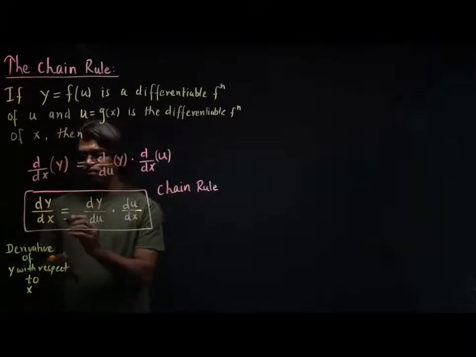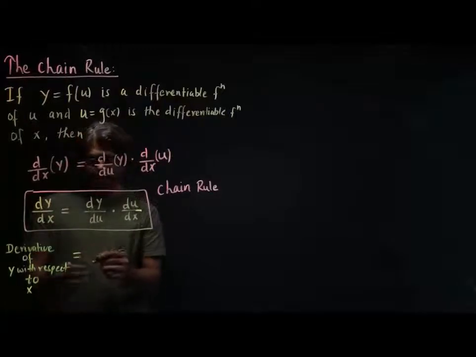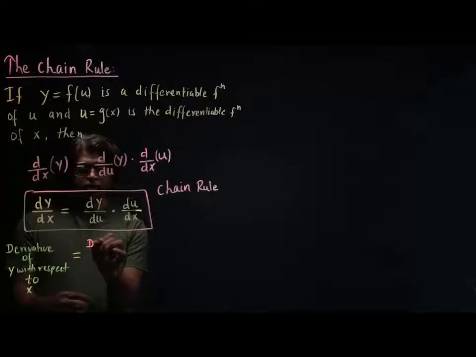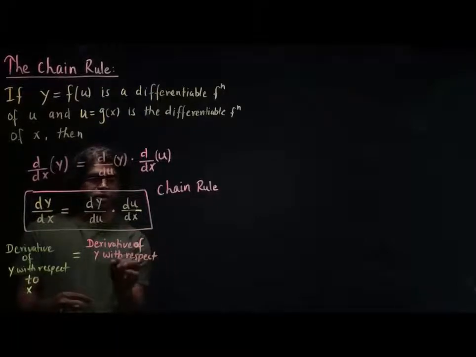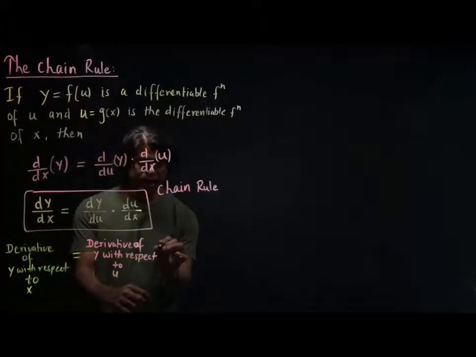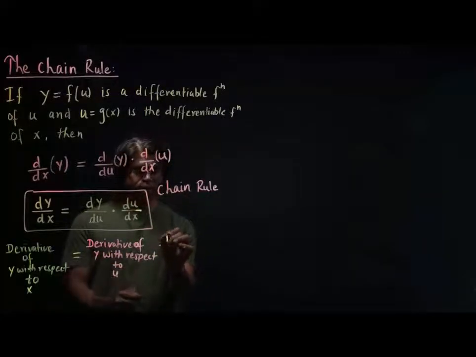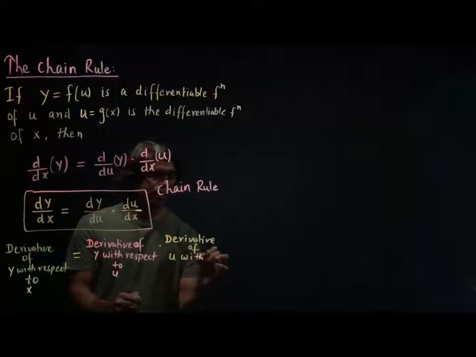This is what is happening on one side of the function where I have dy over dx, and on the other side you can see I am differentiating y with respect to u, times du over dx, which is basically the derivative of u with respect to x.